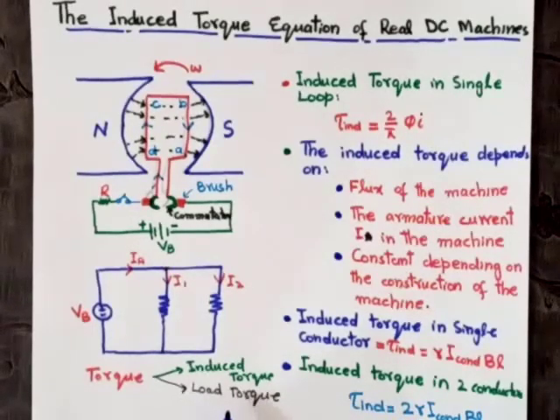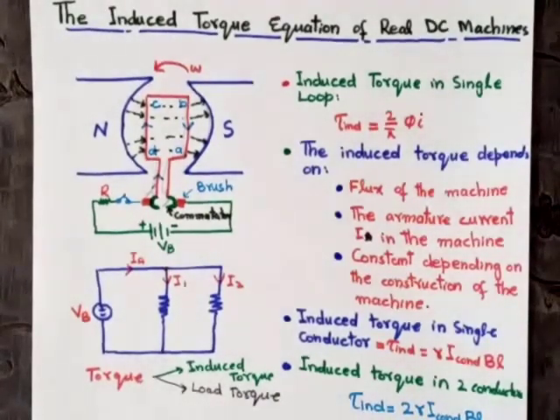That is, the motor will move more quickly. If the induced torque is less than the load torque, then the motor will decelerate. It means the motor will move slowly. In case of constant speed, the induced torque will be equal to the load torque.